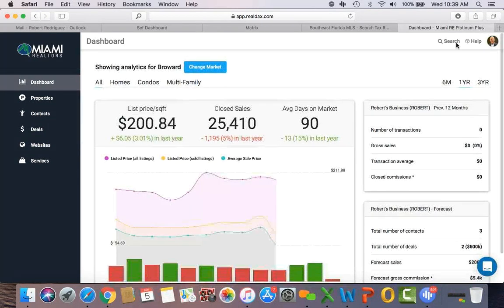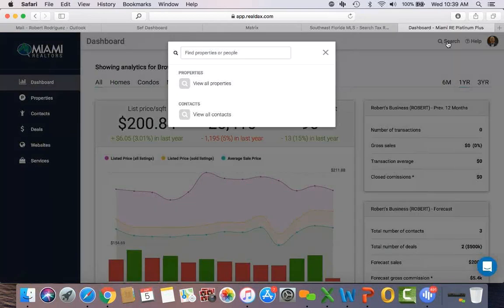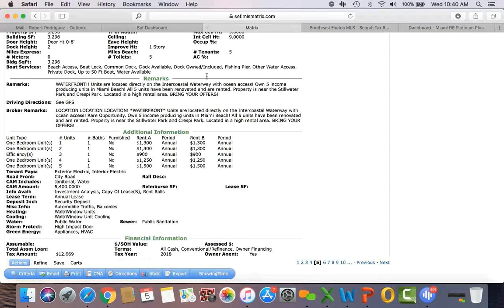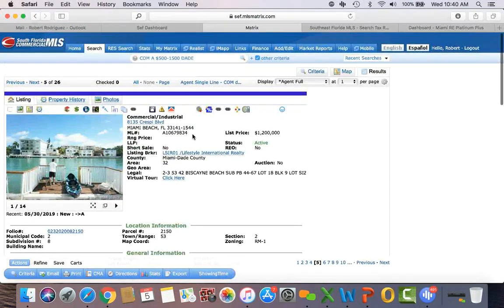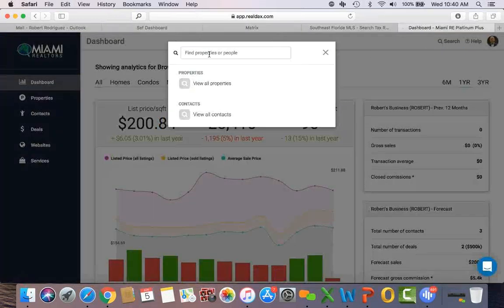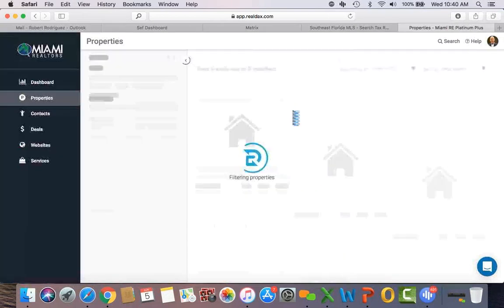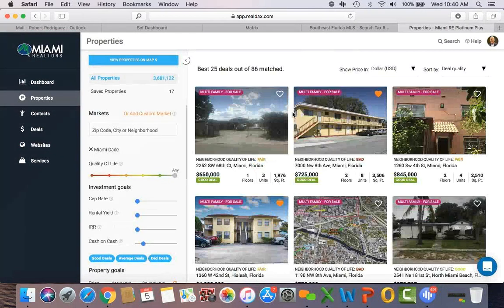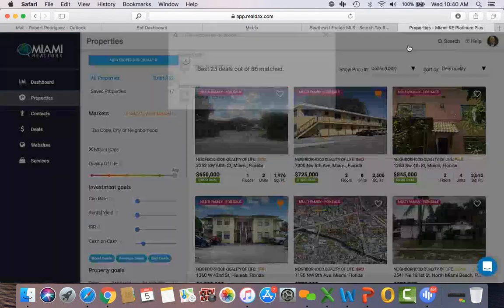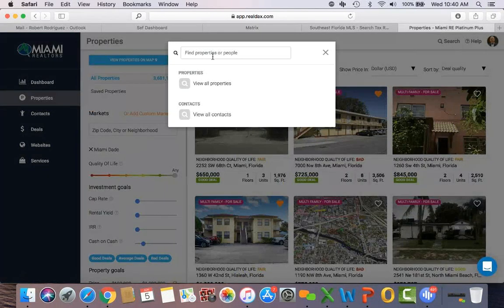Now, what I want to do, since I already know the MLS number or the address, I can click on search up here, and I can simply copy the MLS number and then come over here to the dashboard, and you want to search for this MLS number. Okay, and that didn't do anything.